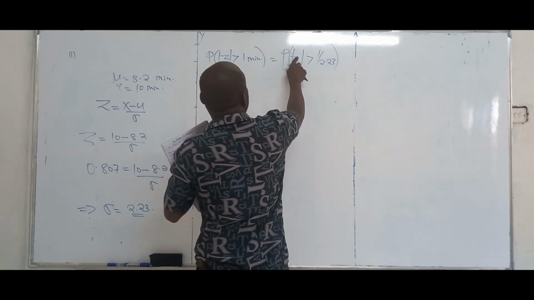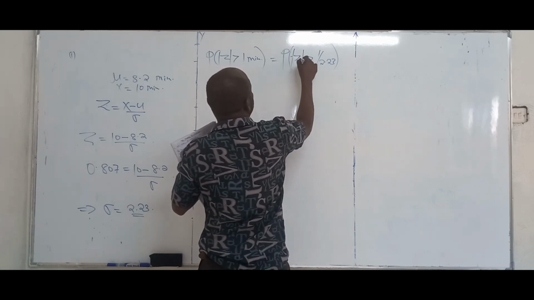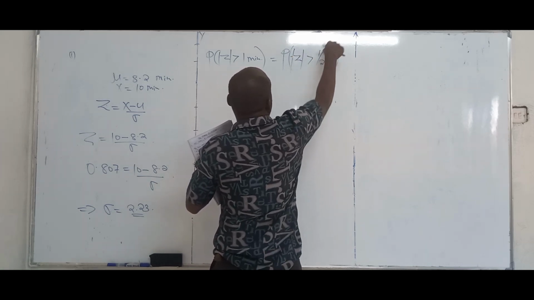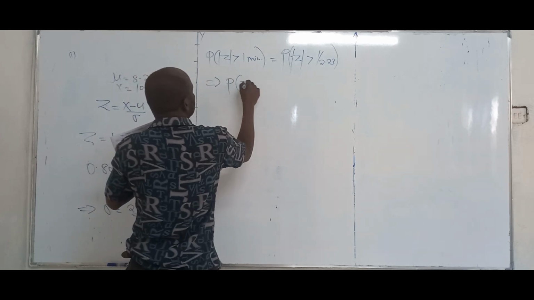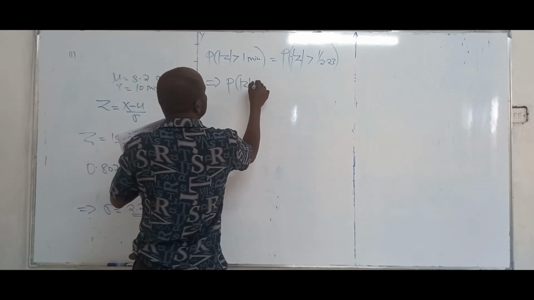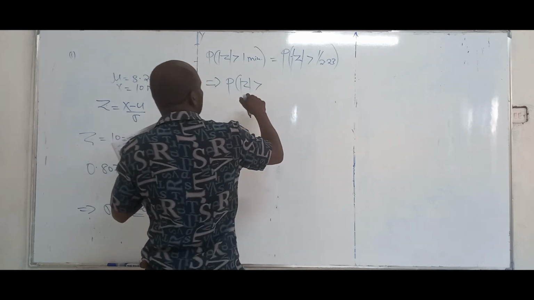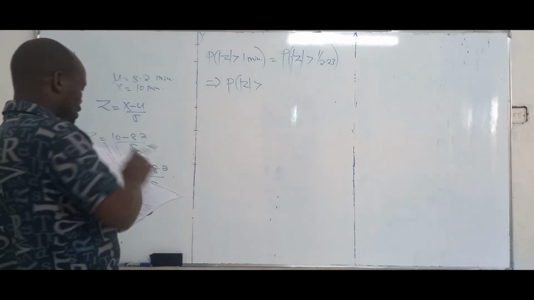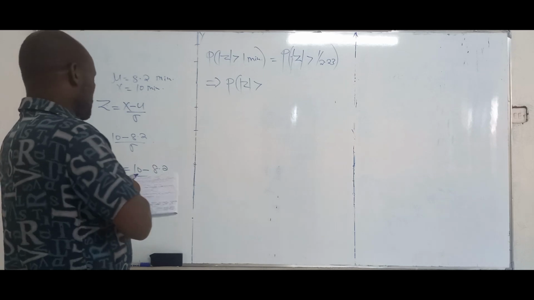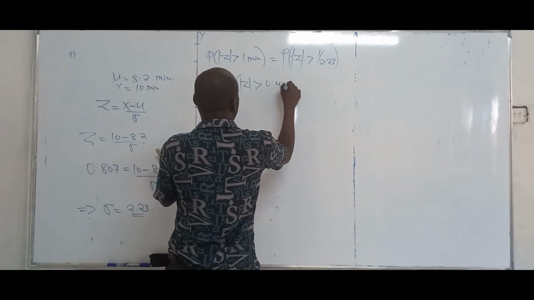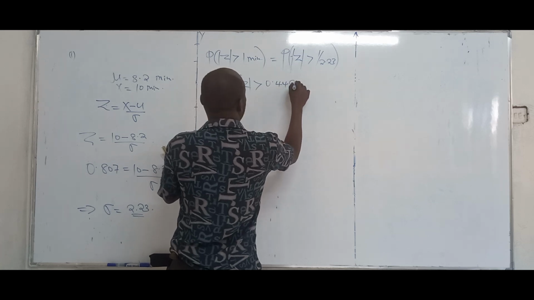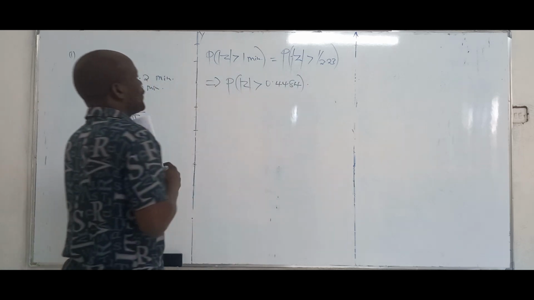So it's the probability that the modulus of z is greater than the reciprocal of this. Now the reciprocal of that, if you check using your calculators, should be about 0.4484. That's the reciprocal of this.